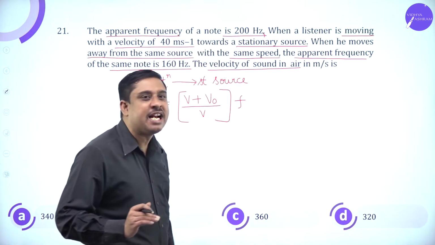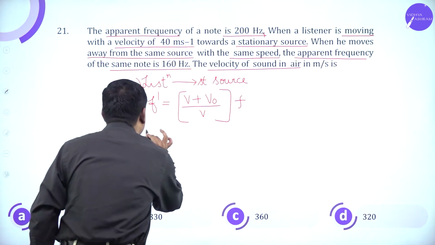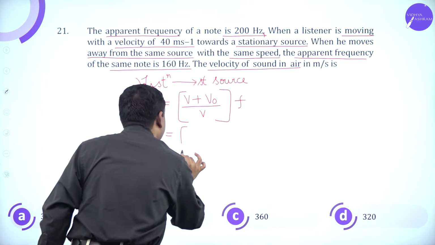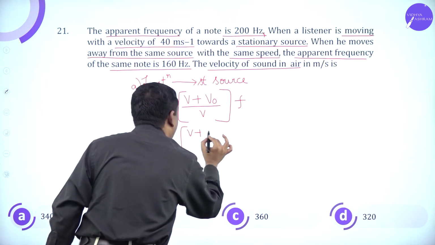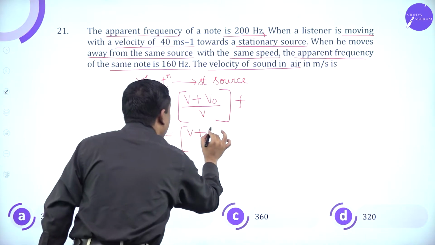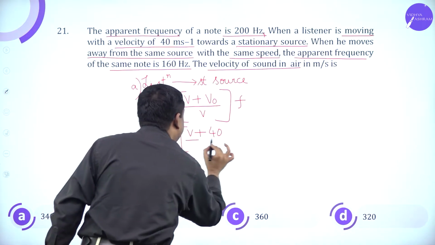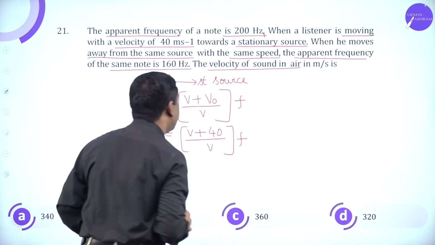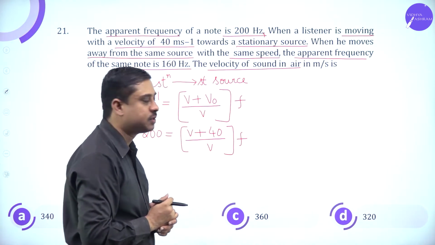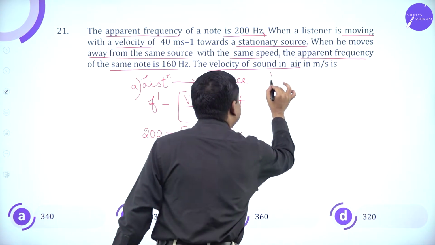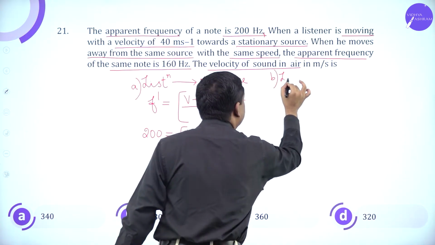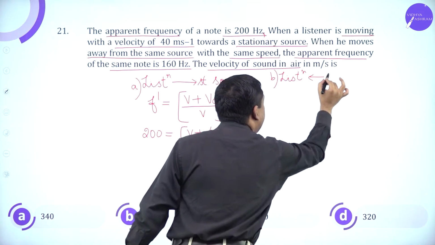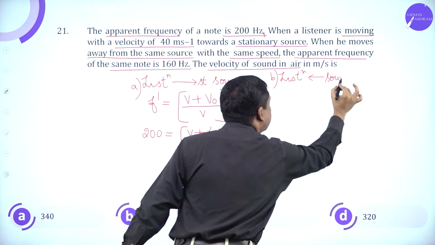So what is F dash in the first case? First case apparent frequency is 200 equals (V plus 40) divided by V into F, where V has to be found out and the velocity of the observer is 40. In the second case, listener moves away from the stationary source.